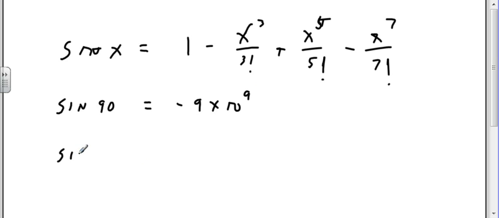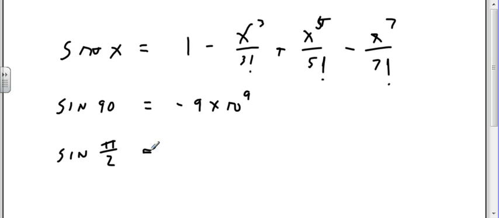But if I take the sine of pi over 2, and I go pi over 2 minus the quantity pi over 2 raised to the 3rd power divided by 3 factorial plus quantity pi over 2 raised to the 5th power divided by 5 factorial minus quantity pi over 2 raised to the 7th power divided by 7 factorial.